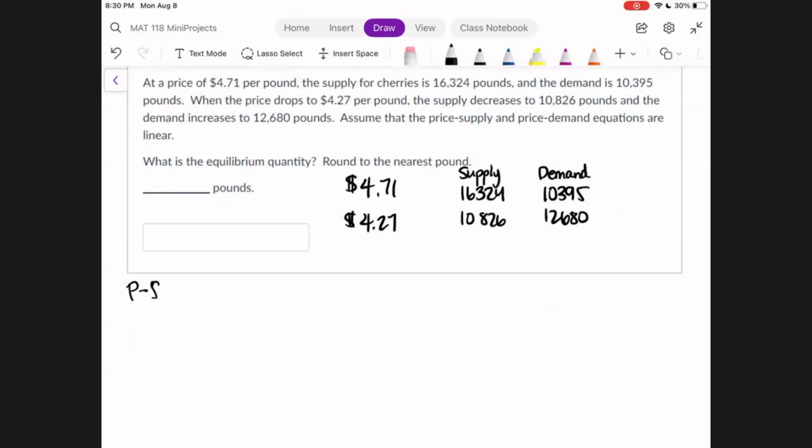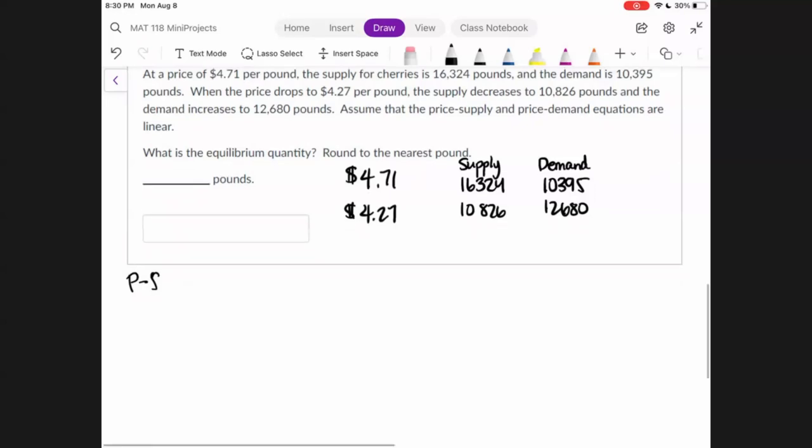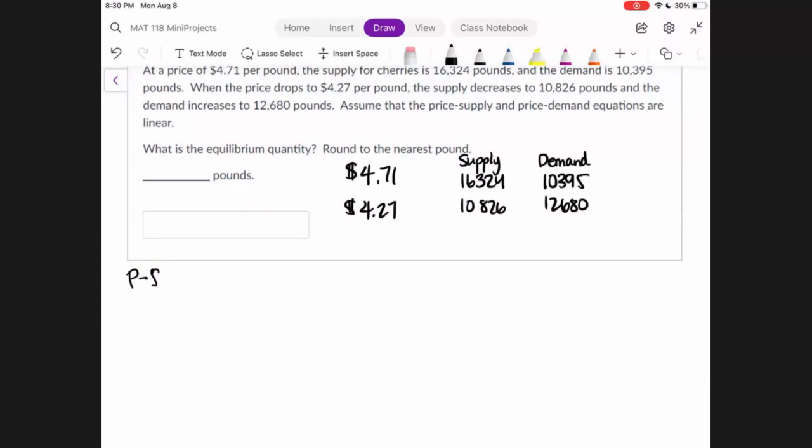And if you don't want really large numbers, if you do this on MATLAB or you look at the book for this problem, they convert the supply and demand quantities to something much smaller. Okay. So what they do is they use these two ordered pairs. So for price supply, remember price is the output, so the number for the supply would be the input. Okay.